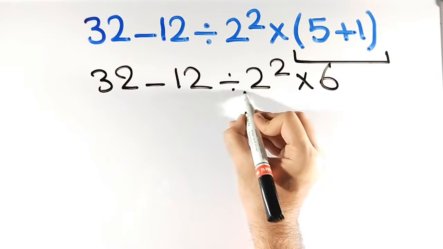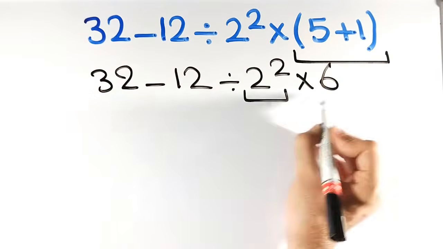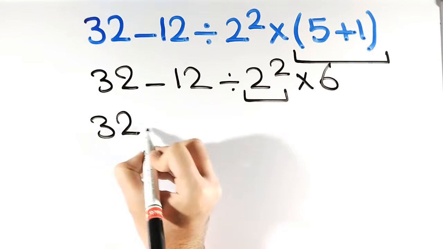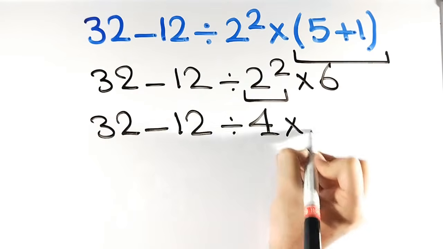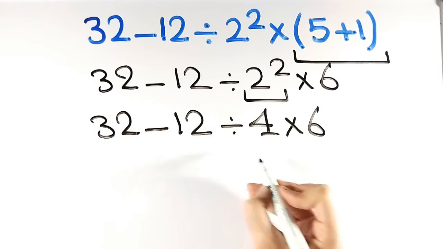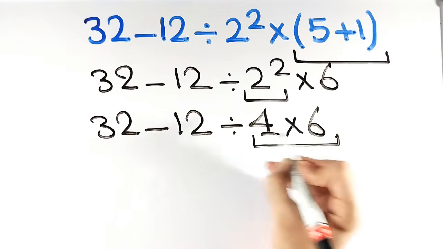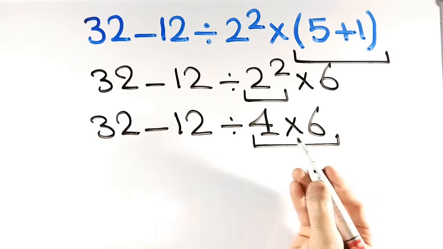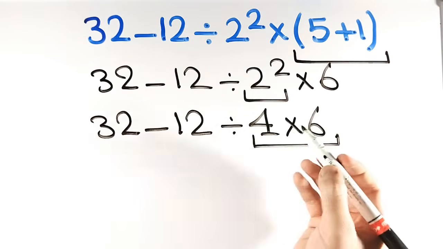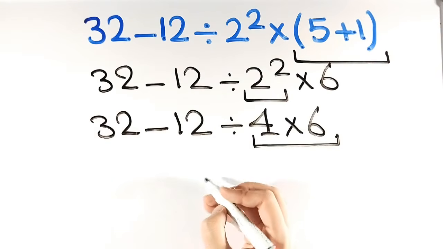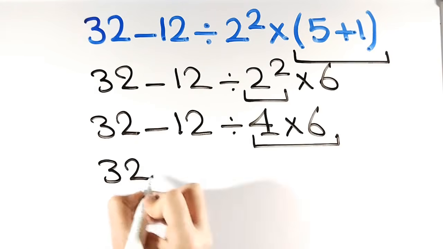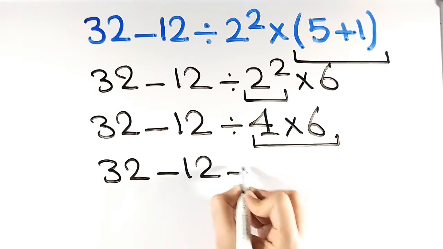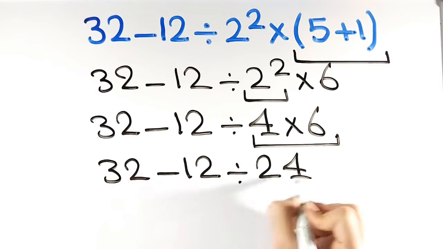And the next step, they go for the exponent and write this expression as 32 minus 12 divided by 4 multiplied by 6. Then they go for the multiplication between 4 and 6 because they believe multiplication has a higher priority than division. So instead of this expression, they write 32 minus 12 divided by 24.